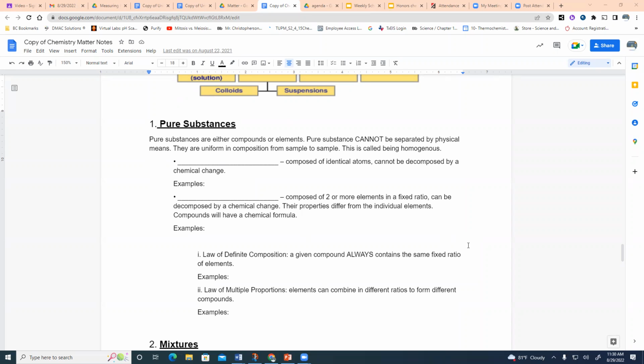And they are uniform in composition, and that is called homogeneous. It doesn't say that elements or compounds are homogeneous mixtures. They're homogeneous in appearance. So that first blank is where you're going to put elements.